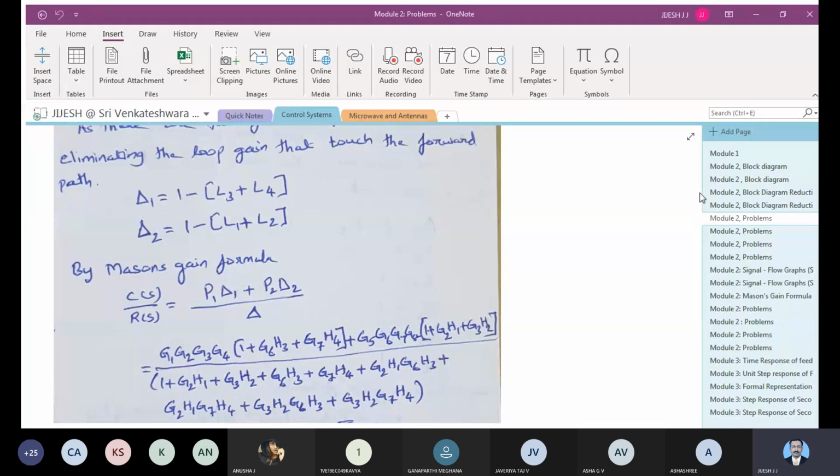First we have combined the summing points, then again we split the summing points, then we took the negative feedback process, and that's what we need to understand. After getting the negative feedback answer for this, we went for the cascade process, and then again the negative feedback process. So this is how we have completed this problem.